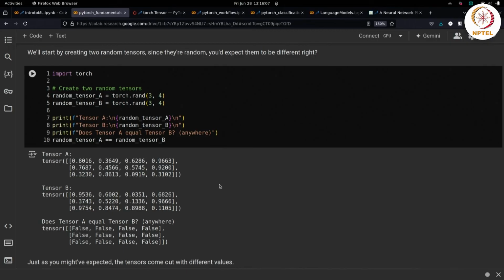But this is an impediment if you need your model to be reproducible, in the sense that you run the model now and you get a value, you run the model a second time and you get the same value, or you run the model on your system, share it with somebody else, and they run it on their system and should get the same value. This is what we mean by reproducibility.